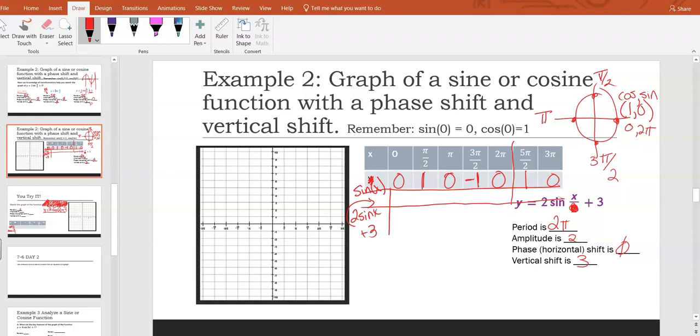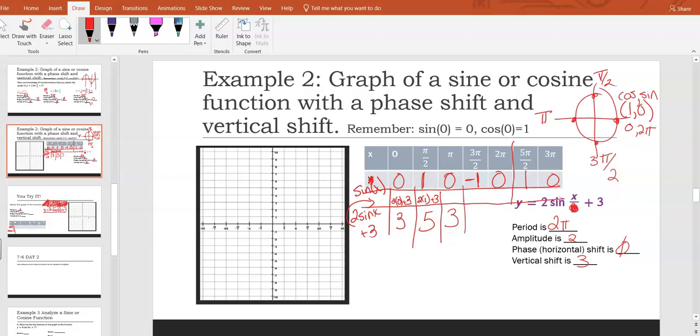So 2 times 0 is 0 plus 3. I'll put it under here. Is 3, right? 2 times 1 plus 3 would give me 5. 2 times 0 is 0 plus 3 would give me 3 again.